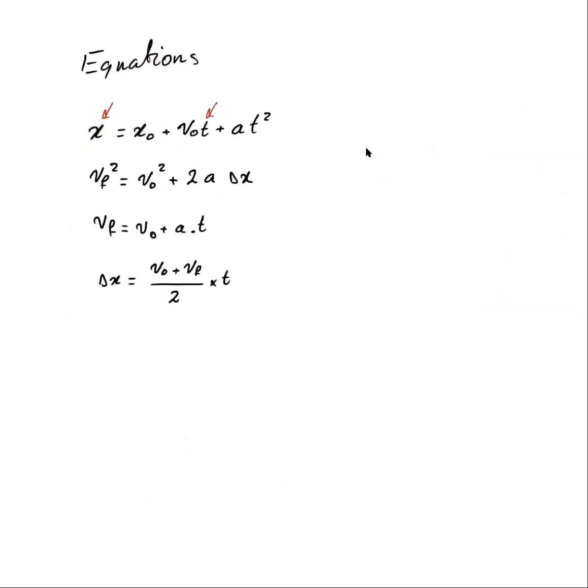We don't know the difference of time. Actually, no, this is the initial time right here. And this one is the difference. Okay, both of these are delta t, and we don't know that yet. So we can go to the second equation.